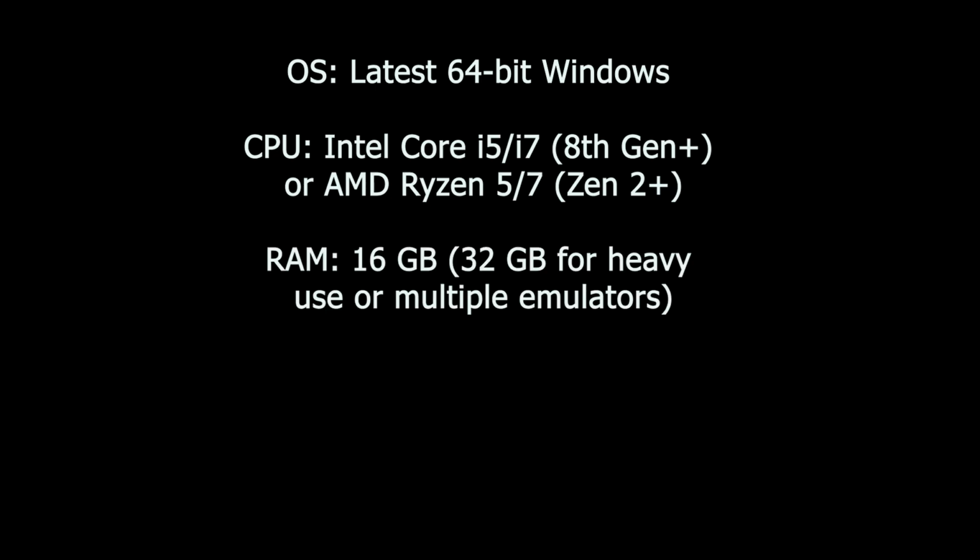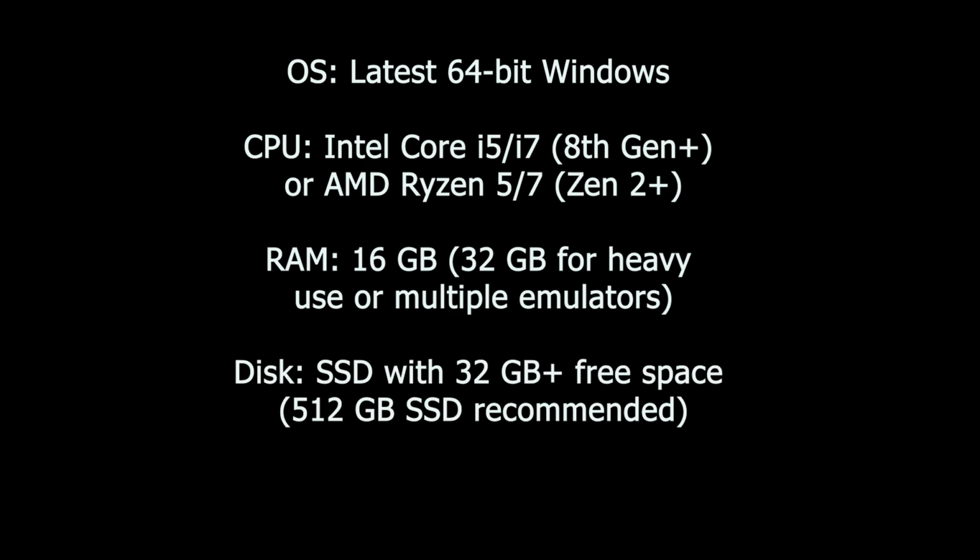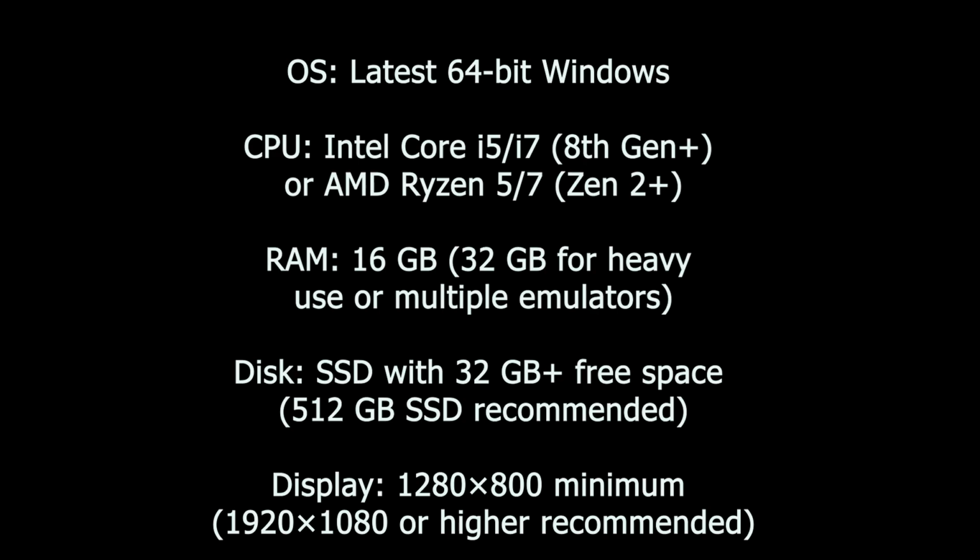You'll also need at least 16 GB of RAM, or 32 GB if you plan to run multiple emulators or heavy workloads. For the storage, an SSD with at least 32 GB of free space is required, although 512 GB is ideal. Finally, a display resolution of 1280 by 800 pixels minimum is needed, but a 1920 by 1080 or higher will give the best experience.